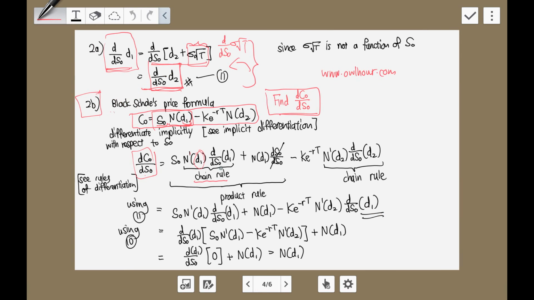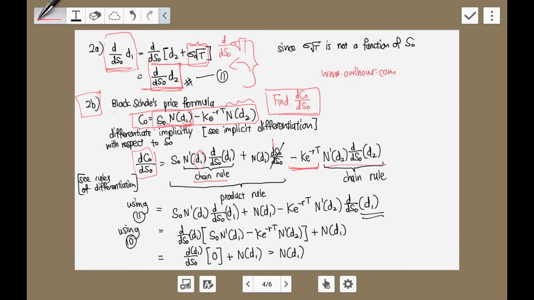So we keep this, differentiate this part using the product rule, and keep the other N(d1). When we differentiate S0 with respect to S0, we just get 1, so we replace it with 1 times N(d1), still N(d1). After that, minus, this part we treat as just a constant, because these are not functions of S0. Then when we differentiate this part, we use the chain rule again and we get this.